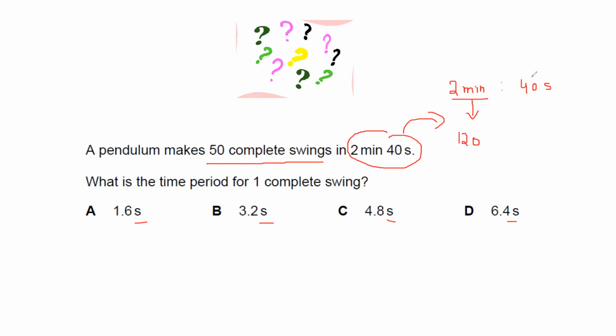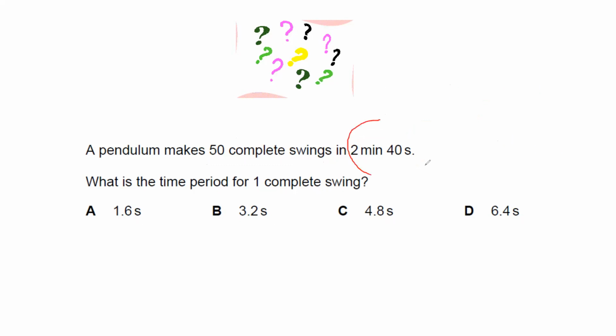And because it is 2 minutes and 40 seconds, 120 plus 40. So the total number of seconds here will be 160. So total 160 seconds are there in 2 minutes and 40 seconds.